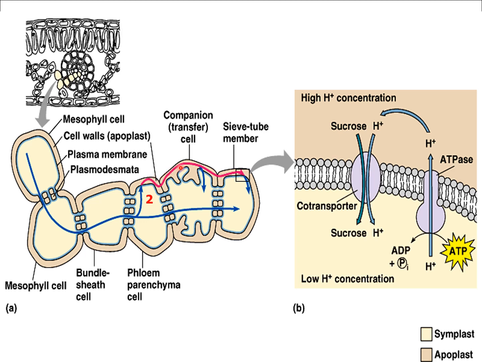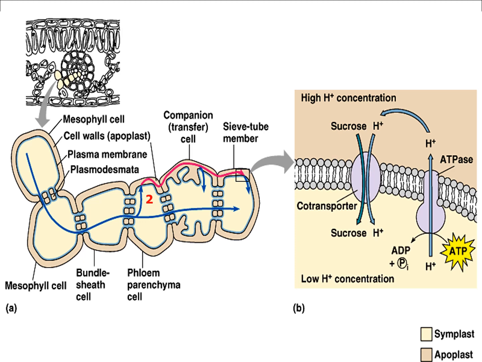The sugar is subsequently taken up either in the companion cell or in the sieve tube member by sugar hydrogen ion symport to be translocated out of the source region.